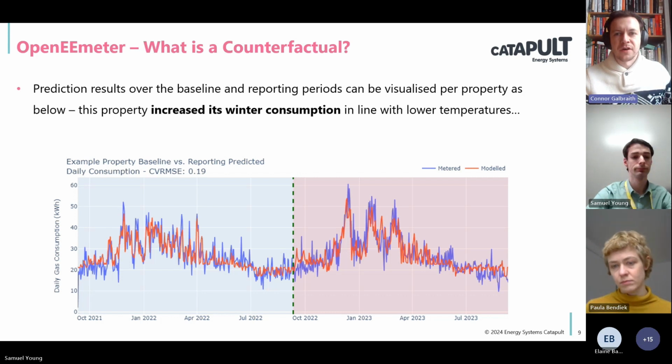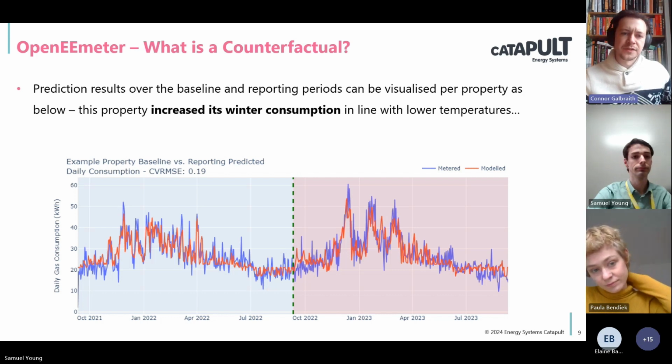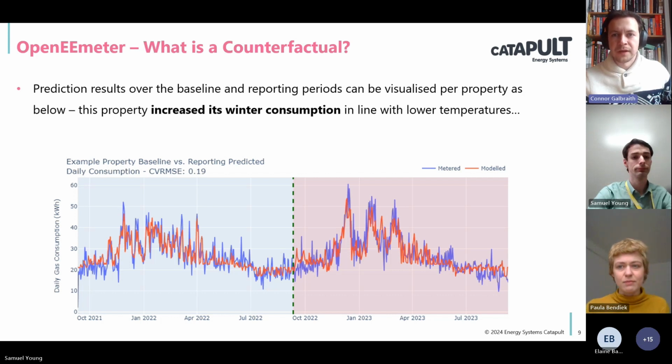This is based on fitting a series of regression models to the property's consumption during the baseline year, and also looking at the hourly external temperature and some calendar effects, such as day of the week and season of the year, in order to predict what the energy consumption in the reporting period will be when you only have the external temperature readings. In practice, this would be done on a rolling basis, either daily or monthly, or by waiting until the year is up and running the model on the entire year at once.